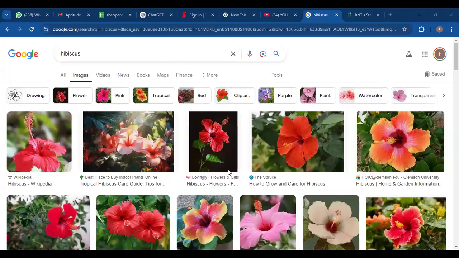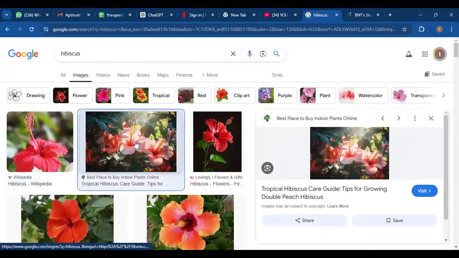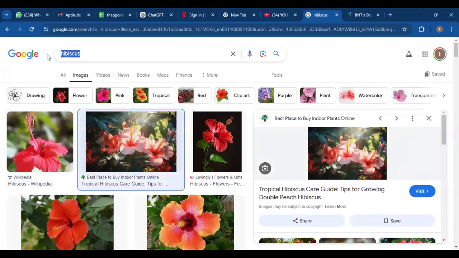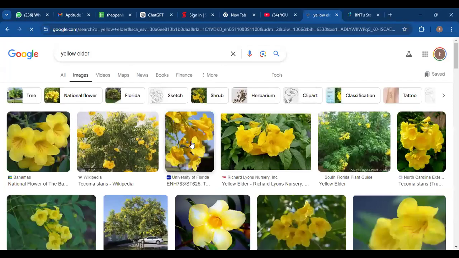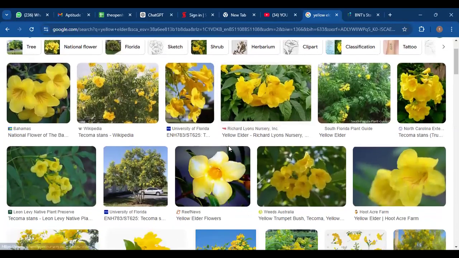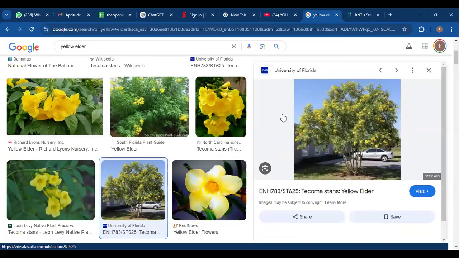Hibiscus. These are what you call angiosperms. If you're in Jamaica, you'll see that a lot. Yes, they are flowers. And then obviously the yellow bella, yellow bell of the Bahamas. Is this an angiosperm or gymnosperm?